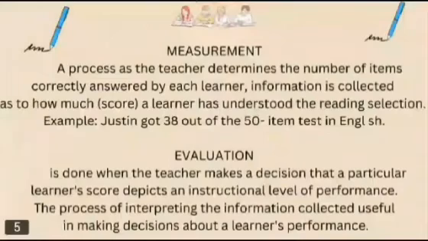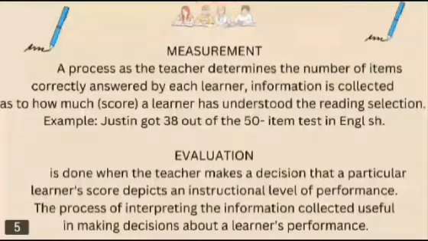Measurement: a process where the teacher determines the number of items correctly answered by each learner. Information is collected as to how much of the reading selection a learner has understood. Example: Justin got 38 out of the 50-item test in English.